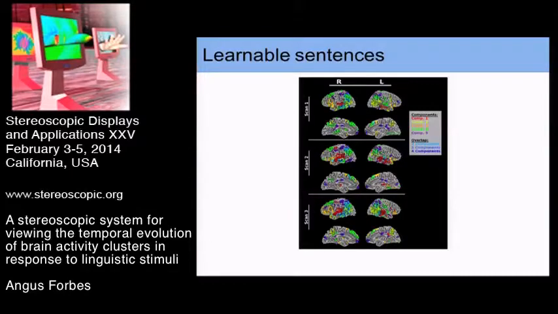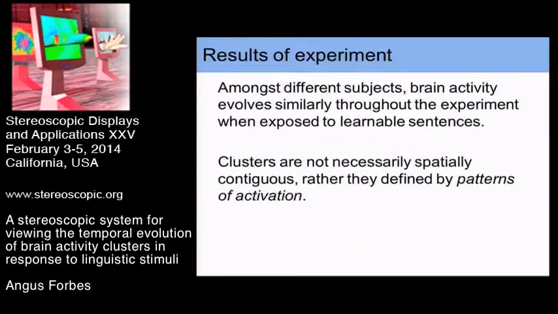Over the 8-minute scans, they did 3 8-minute scans, the same clusters with the same activation patterns move around the brain, which they don't quite know how to interpret, I don't think, but at least they're developing a map of what occurs during language learning. And an interesting thing about this is that the clusters aren't necessarily spatially contiguous. They're instead defined by these temporal patterns of activation.